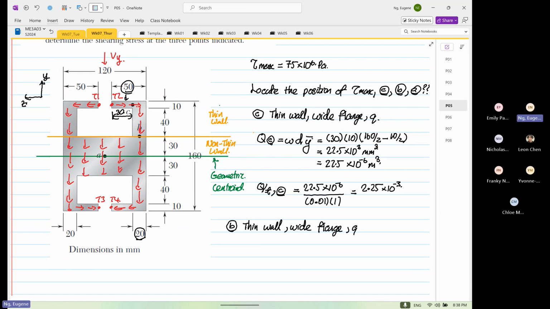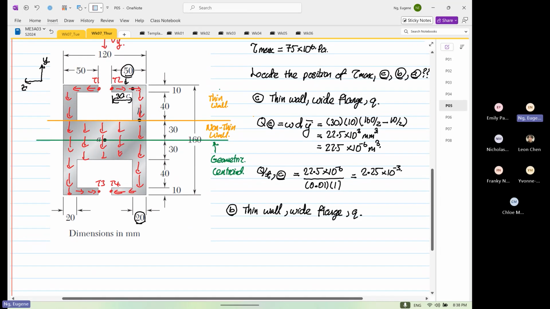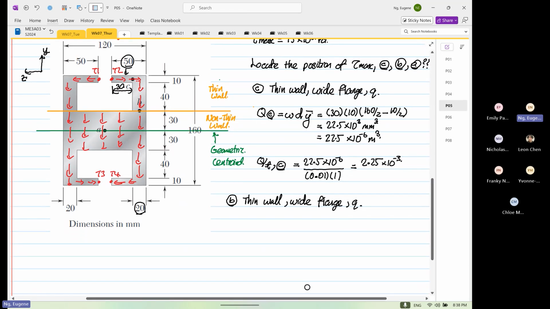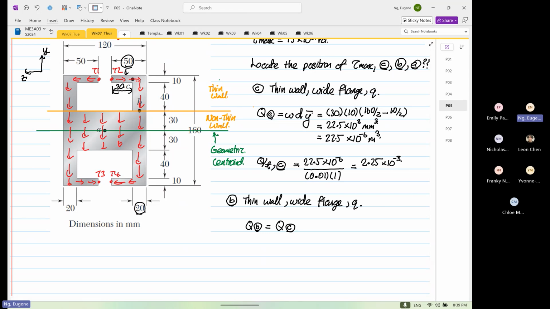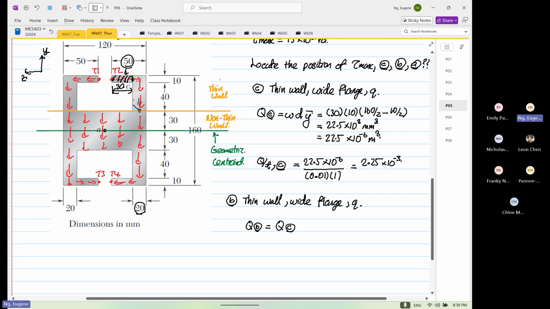And then we have to determine Q. Okay. We know that the shear flow is just Q. So Q at point B is equal to Q at point C, right? Initially Q at point C, we just take here. Q at point B, you now have to include this area over here.